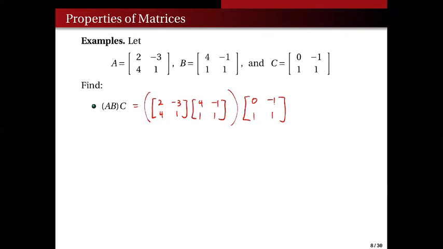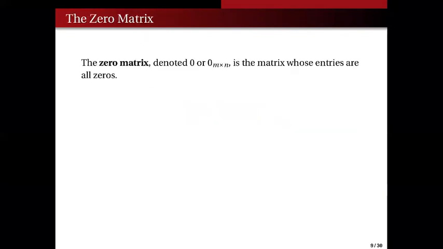Then, let's have this definition. The zero matrix. We sometimes denote it by 0, or if we want to specify the size of the matrix, we put the subscript m by n. So basically, the zero matrix, it's the matrix whose entries are all zeros. Okay, that's why it's called the zero matrix.